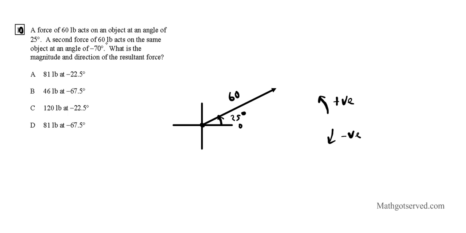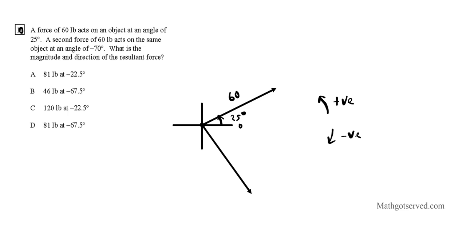The second one is another 60-pound vector acting at negative 70 degrees. So let's go ahead and do that. I'm just going to try and make a sketch of another vector. It should be of the same length, but let's try our best to make it look like that. There goes the second vector.